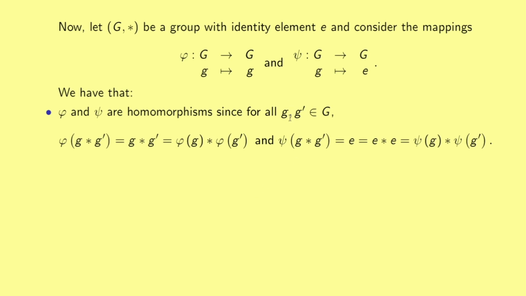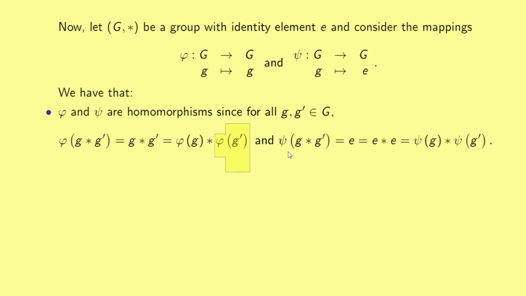Why? Because if we take any elements g and g prime in G, and we apply phi, we obtain that phi of g times g prime is, since it takes an element into itself, g times g prime, and then since g is phi of g, we can plug this here, and we plug this here because g prime is the same as phi of g prime.